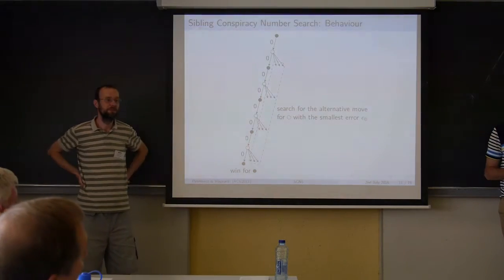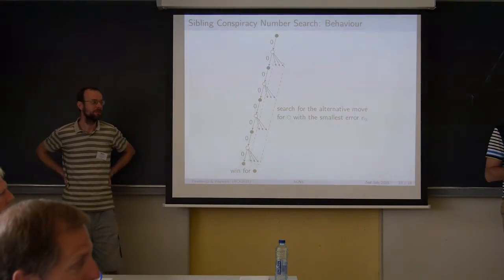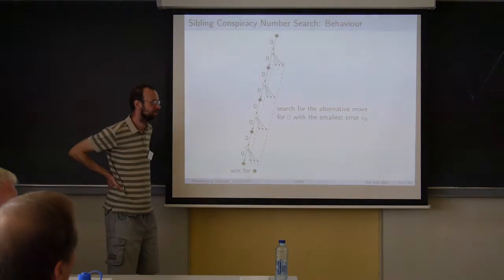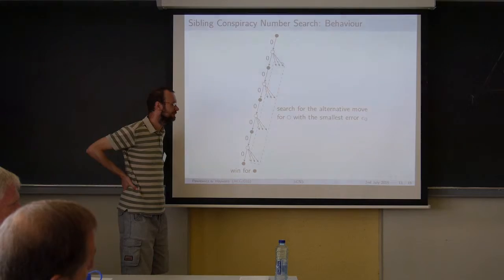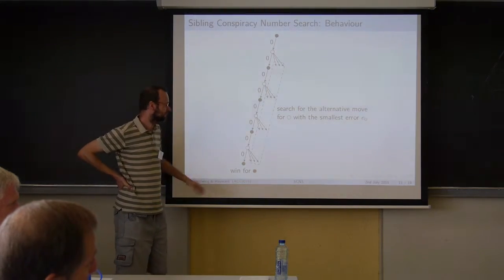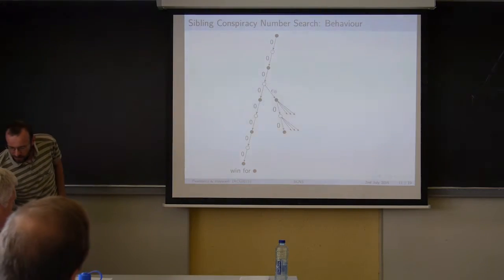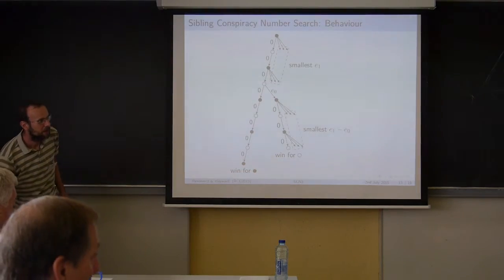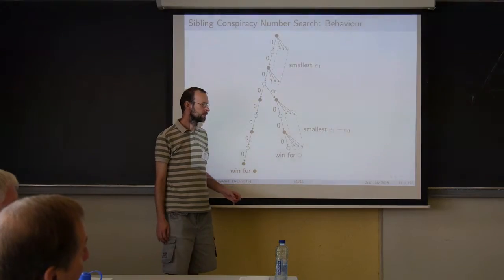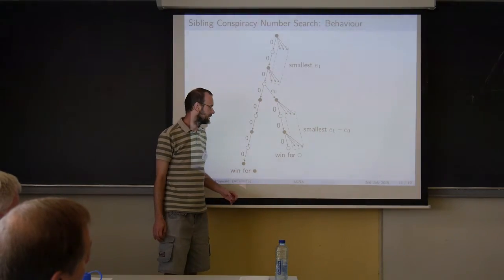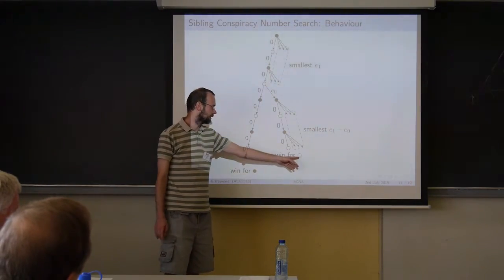Time for one last question. In your picture here, you show alternative moves on one or two sides. What if the result is a loss? Here is a loss for black. Right.